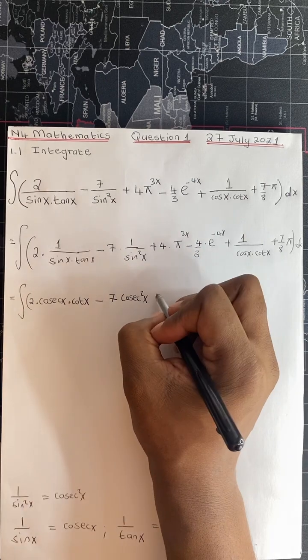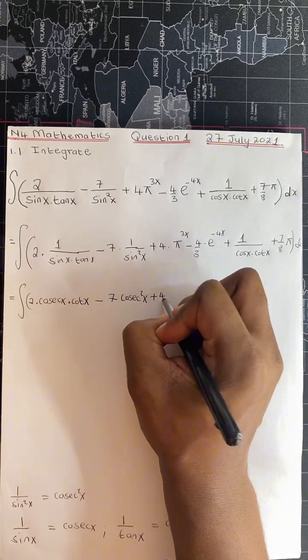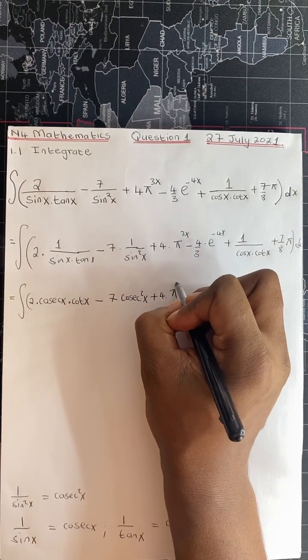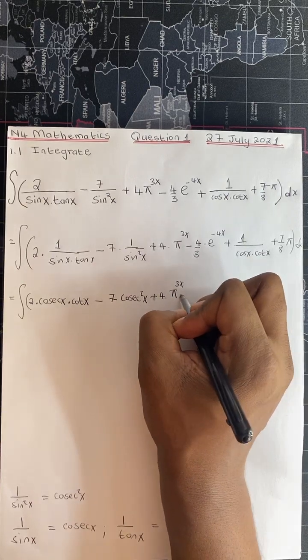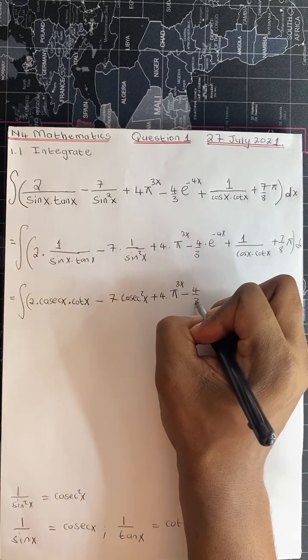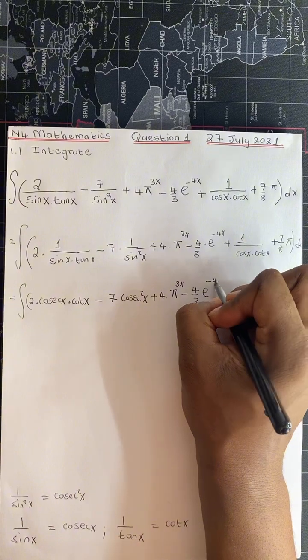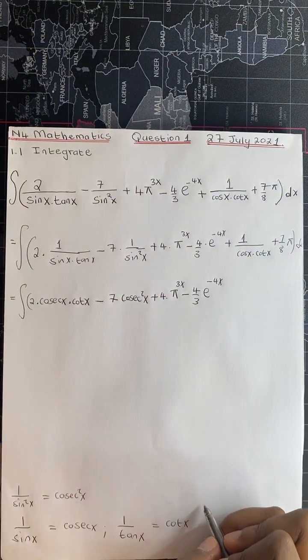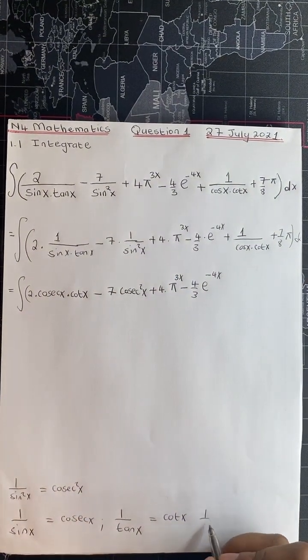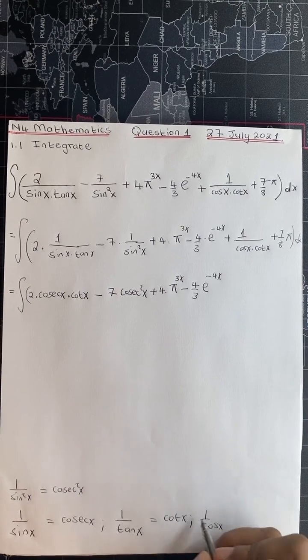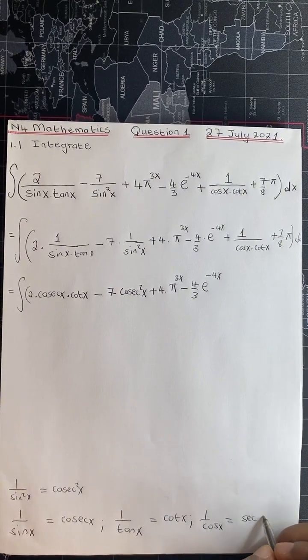cosec squared x plus 4 multiplied by pi to the power 3x minus 4 over 3 e to the power negative 4x. We know that 1 over cos x is equal to sec x.